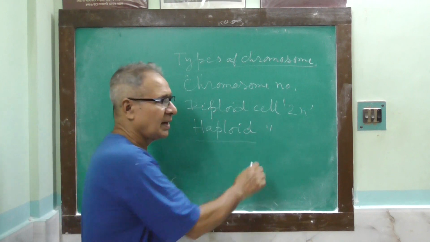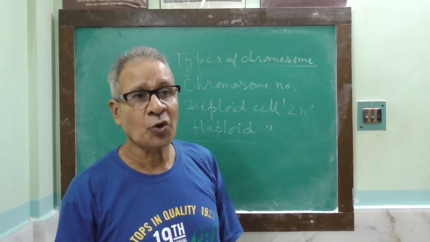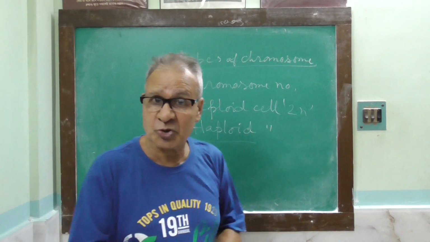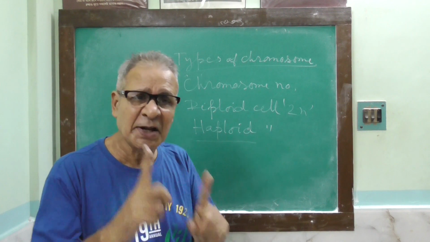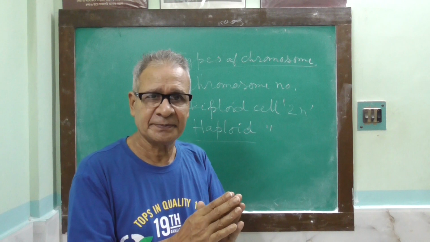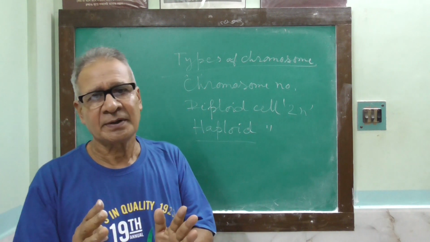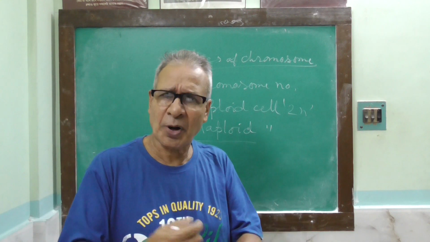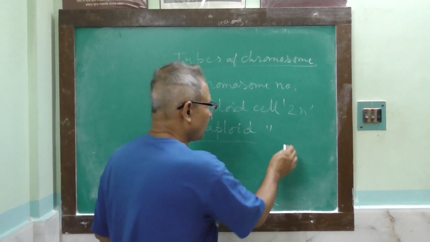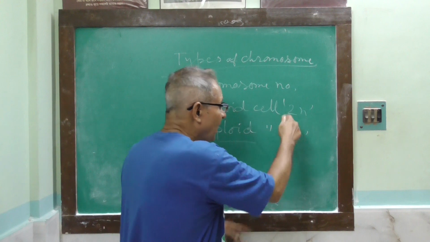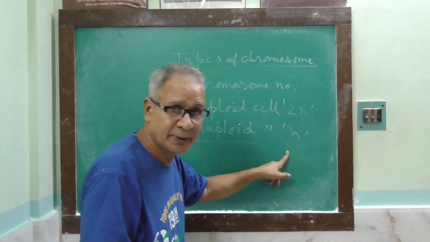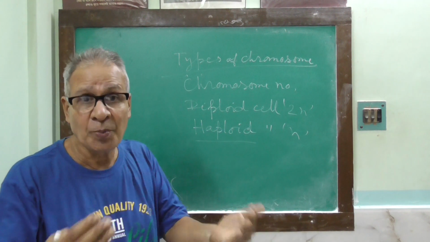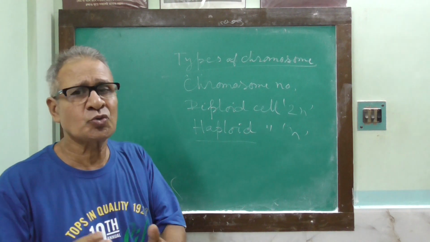Haploid: the cell in which all the species-specific chromosomes are singly present, that is one set, is known as haploid, and the chromosome number is the haploid number, denoted by n, that is half of the diploid number. For example, in human, n equals 23.